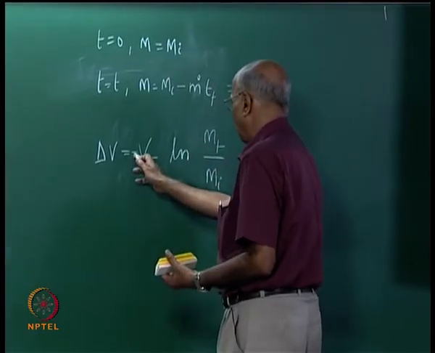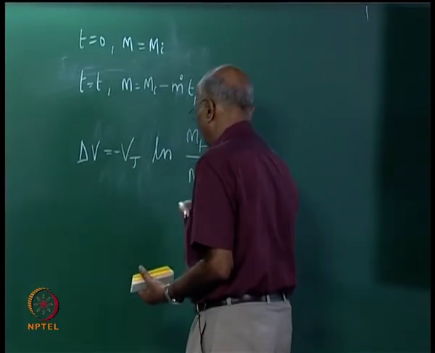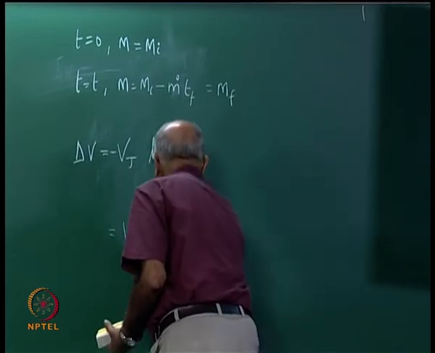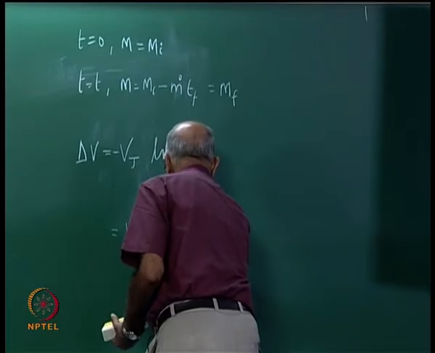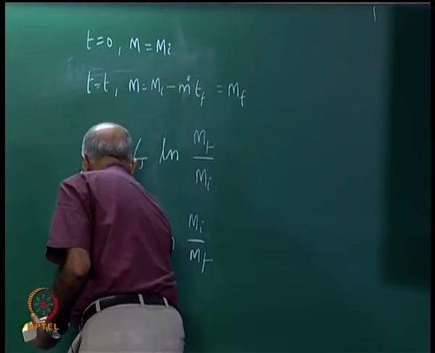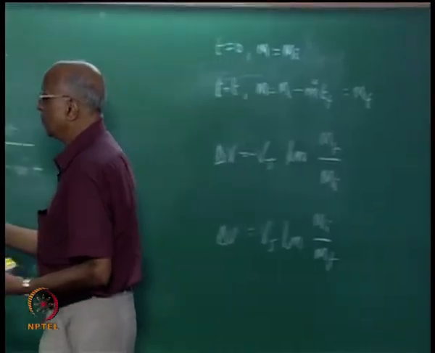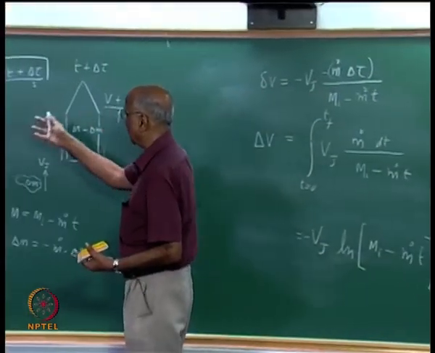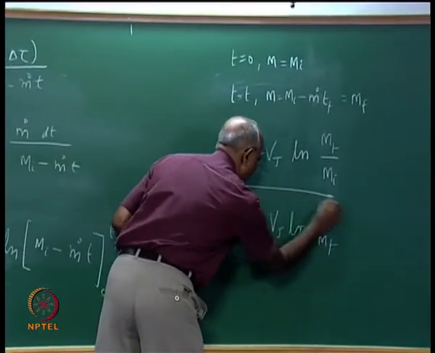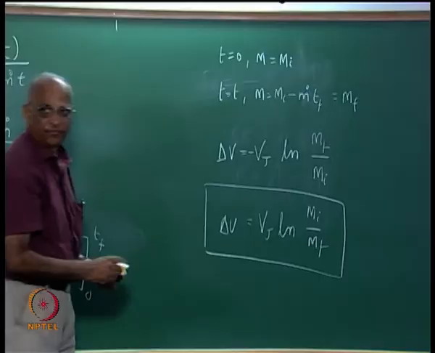Or if I take the negative sign into the logarithm over here, I get it as Vj ln of initial mass by final mass, which is the incremental velocity which I get from a rocket, and this is what is known as the rocket equation.